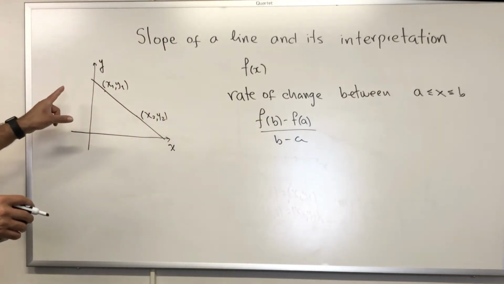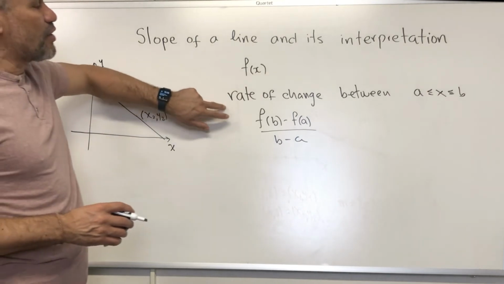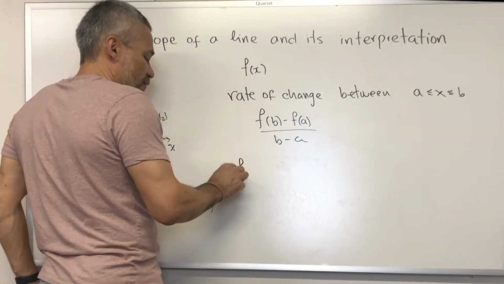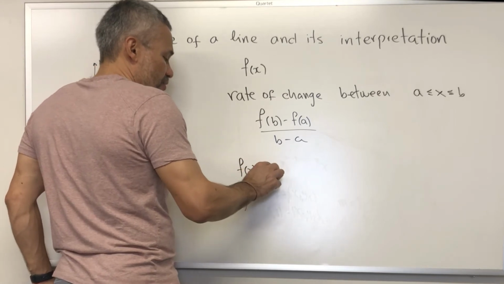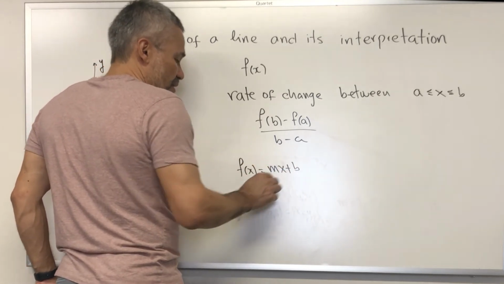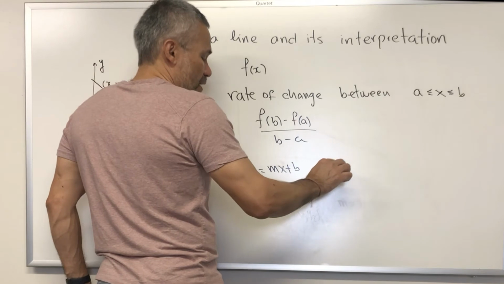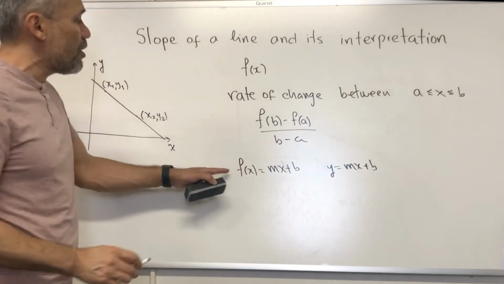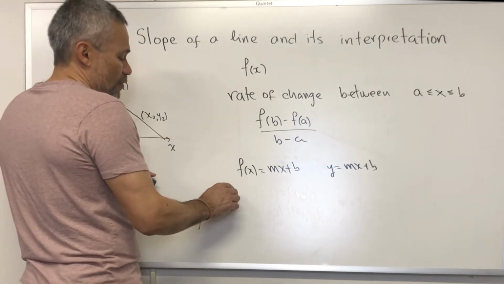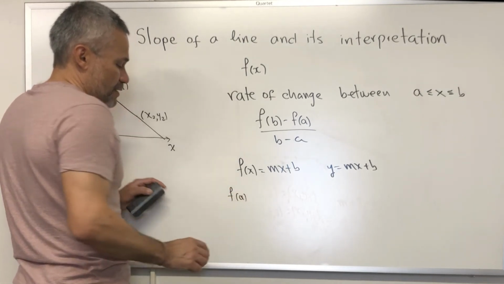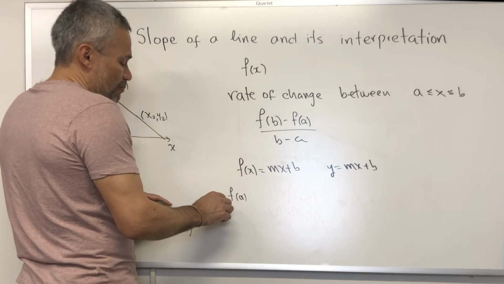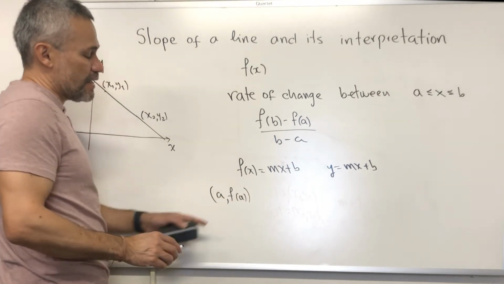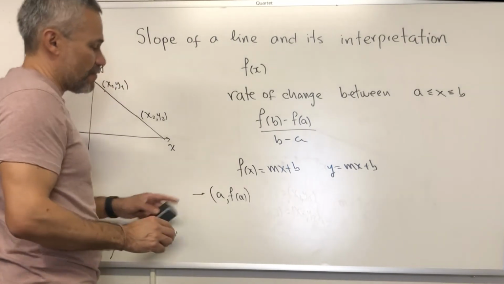And a linear function has the property that the rate of change is always constant. But remember that if we have a linear function, we have something like mx plus b, and then we have that y is mx plus b. When we know f of a, it means that the point a, f of a is a point in the graph.